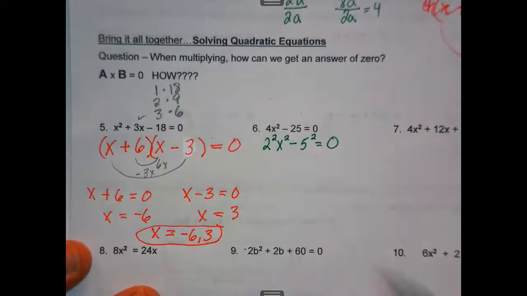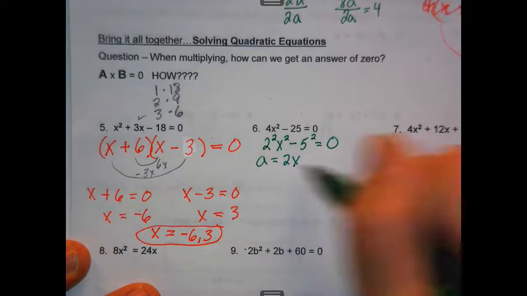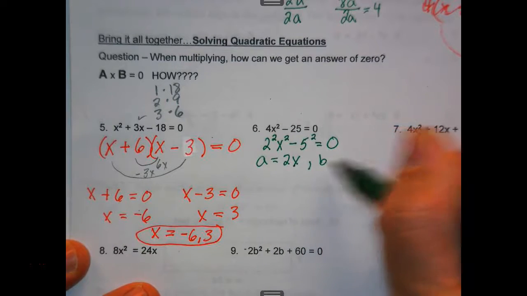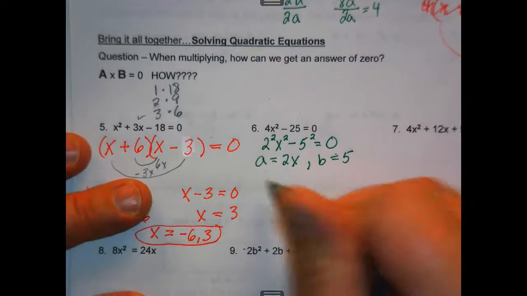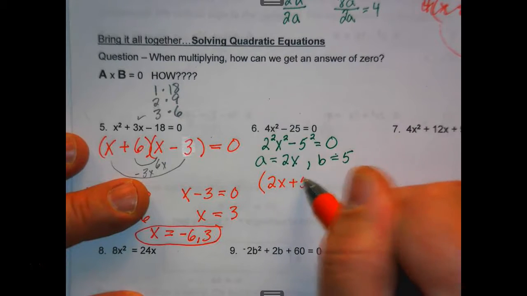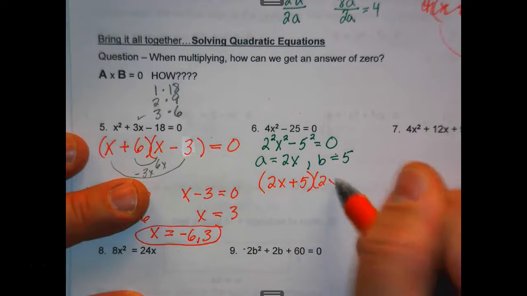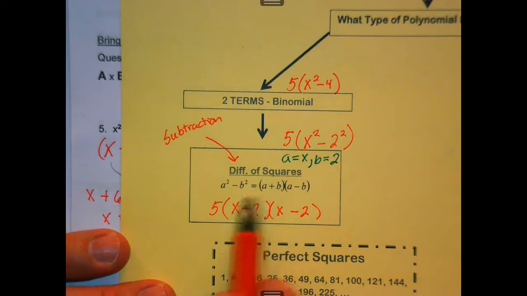So what's my a? 2x. And my b? 5. So I have 2x plus 5, 2x minus 5 equals 0. And all I did was I looked at my chart, right? See? Chart.